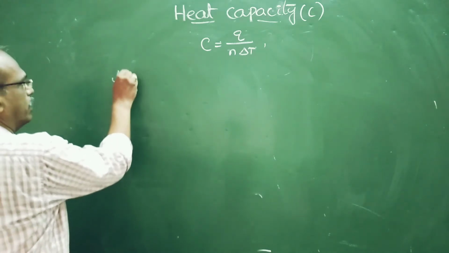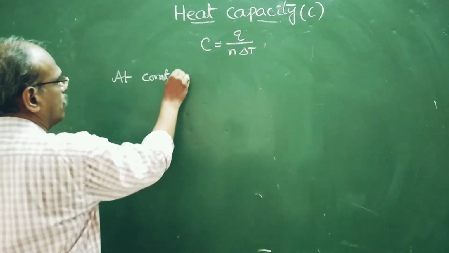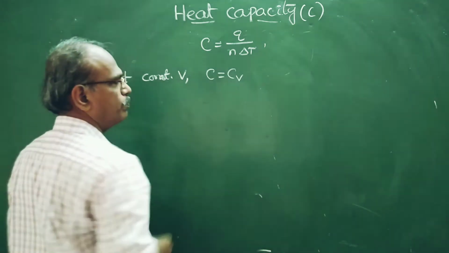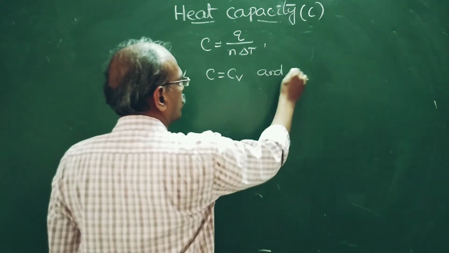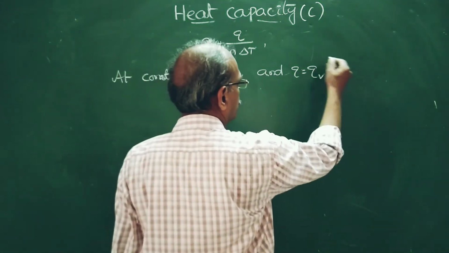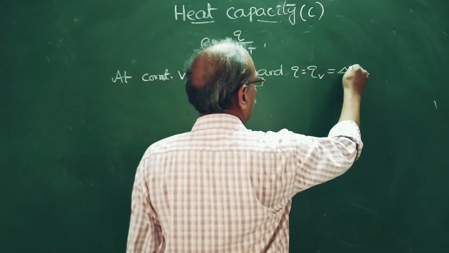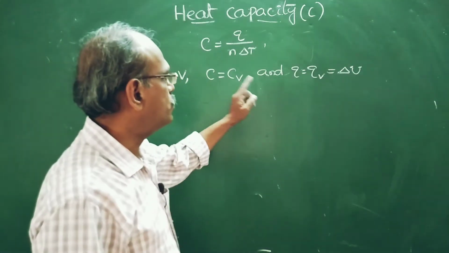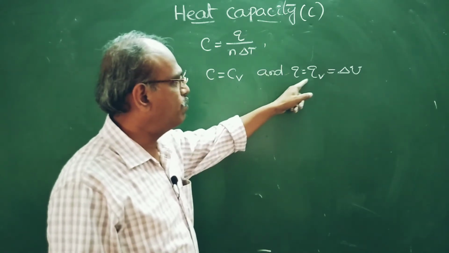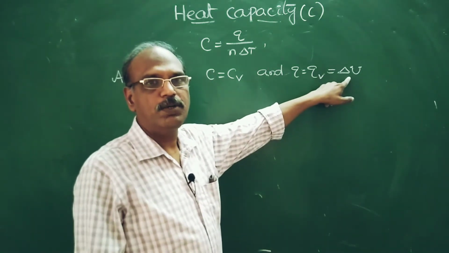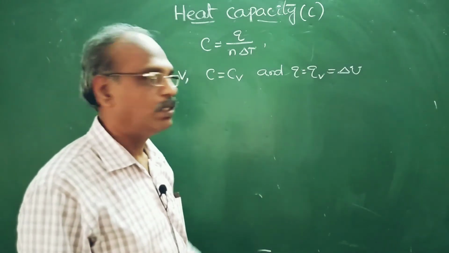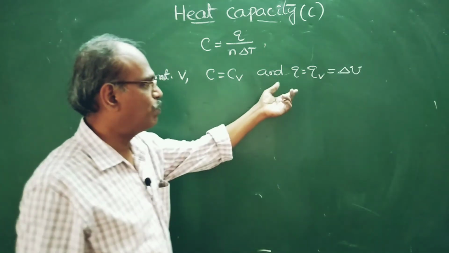Now at constant volume, C is denoted as Cv and Q is Qv, which is shown in the previous videos as delta U. Normally Q is a path function, but at constant volume it is equal to delta U. What is delta U? A state function. So Q becomes a state function at constant volume. Remember this, it is one important point.